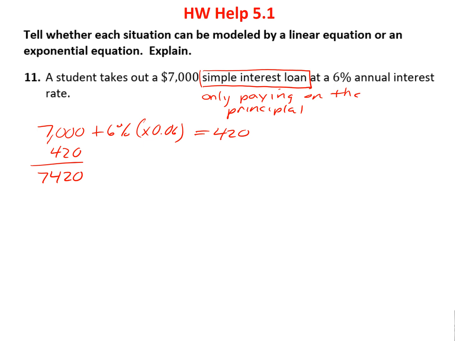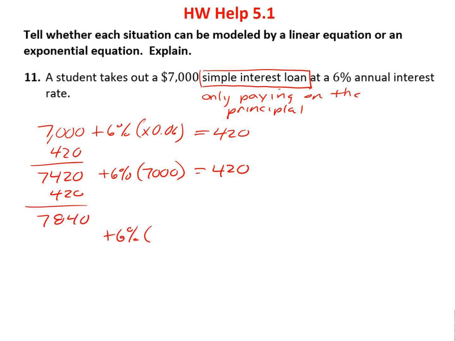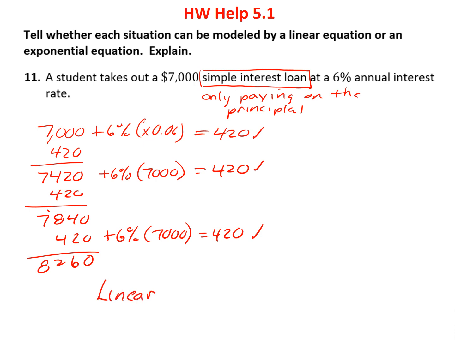Now here's what's different about simple interest. On the next year, I'm going to add 6% times just my original $7,000. So I'm going to add another 420, okay? So you notice now I have 7,840, and once again I would add 6%, but my simple interest is just on the principal, so I'm just adding 420. And notice it keeps going up by the same amount. So this is a linear function.